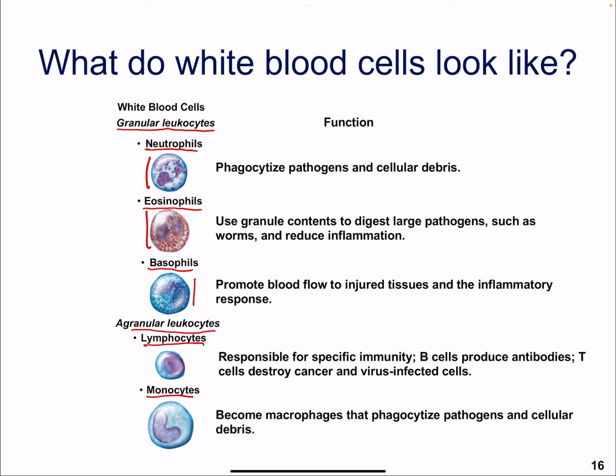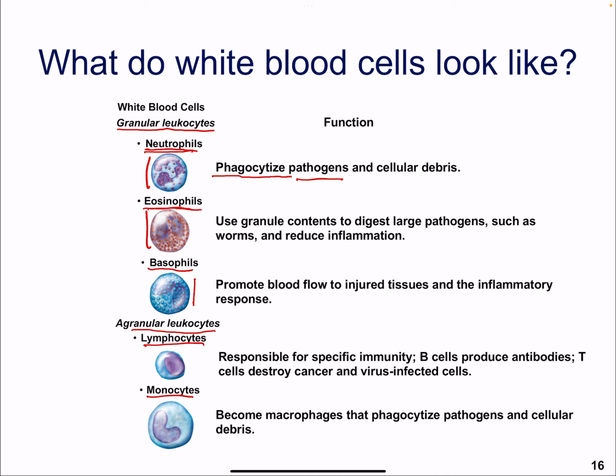Now, the good thing about this slide is that it also gives you the function of all the different white blood cells. For instance, the neutrophils' job is to engulf, to phagocytize pathogens, right? They engulf foreign particles, they destroy them so that you are protected.